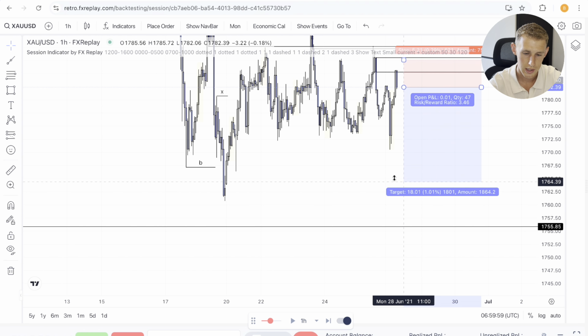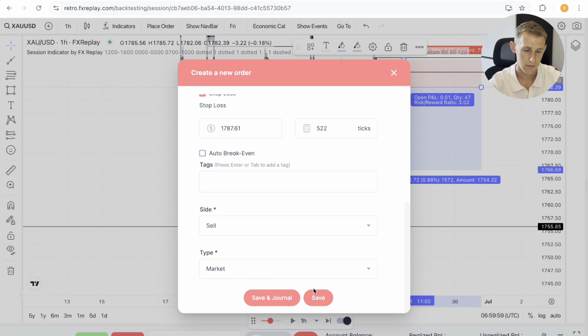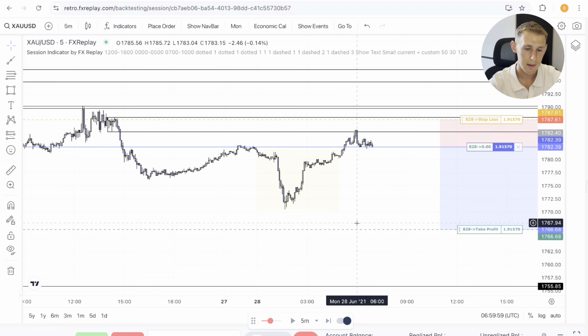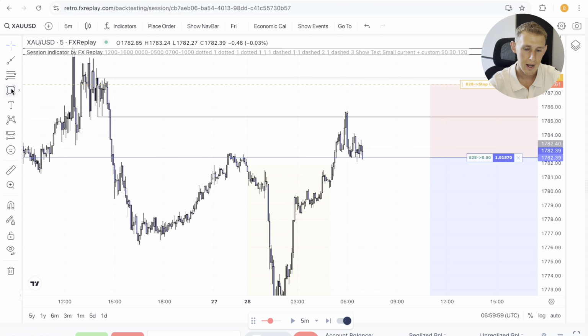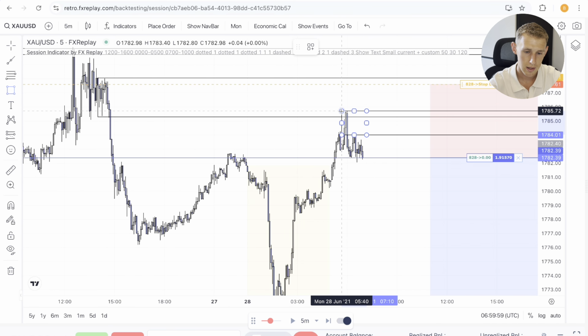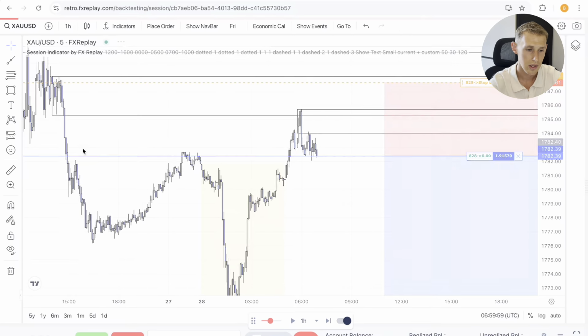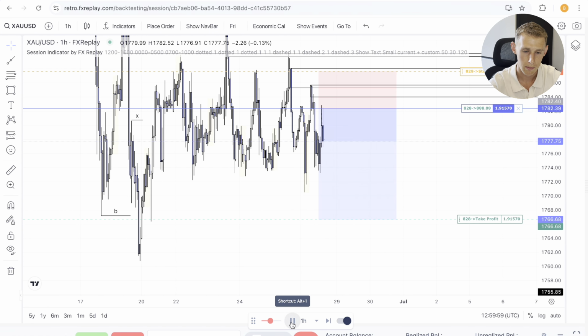Market execution instead. So let me explain why I'm entering here, by the way. So it came into that point of interest, gave an M5 change of character, and then created this imbalanced supply, but I missed the initial entry, so I'm just going to enter here instead with a more sort of safe stop.